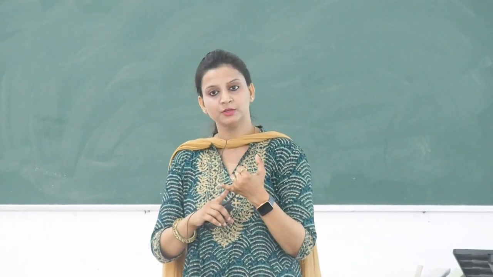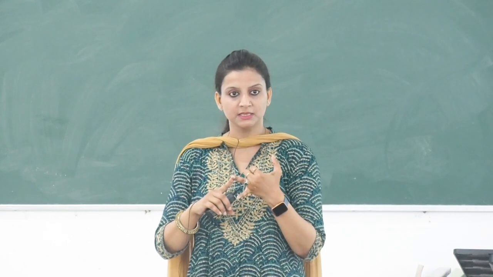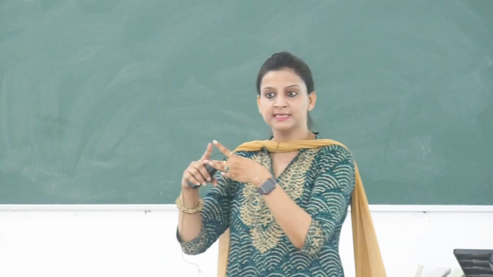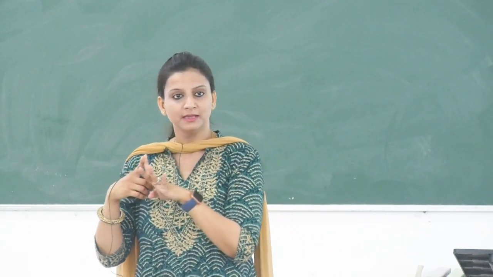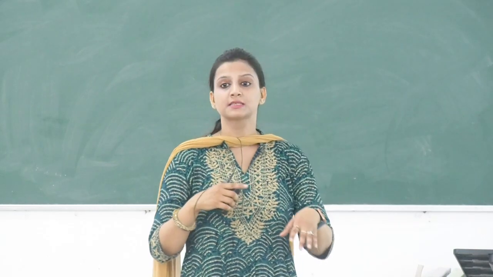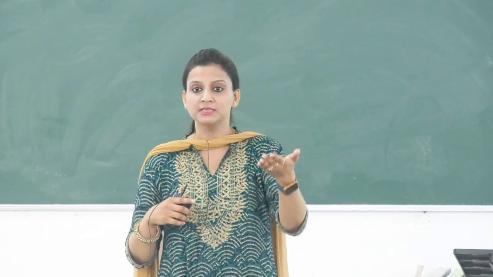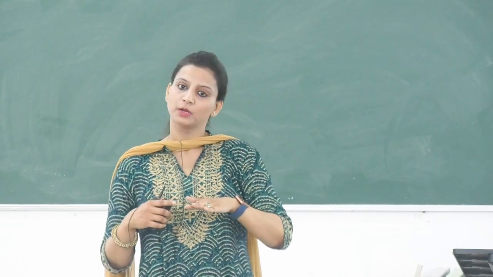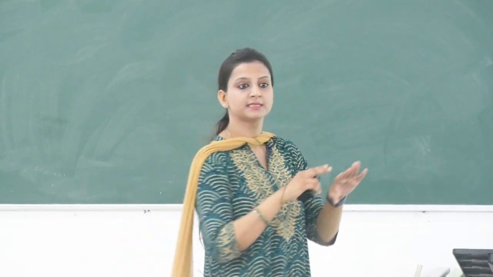IV anesthetics are given, inhaled anesthetics are given, muscle relaxants are given, analgesics or opioids are given, and what else? And cardiovascular drugs, so that autonomic responses or reflexes are subdued. Okay, understood? So this is the definition of balanced anesthesia.